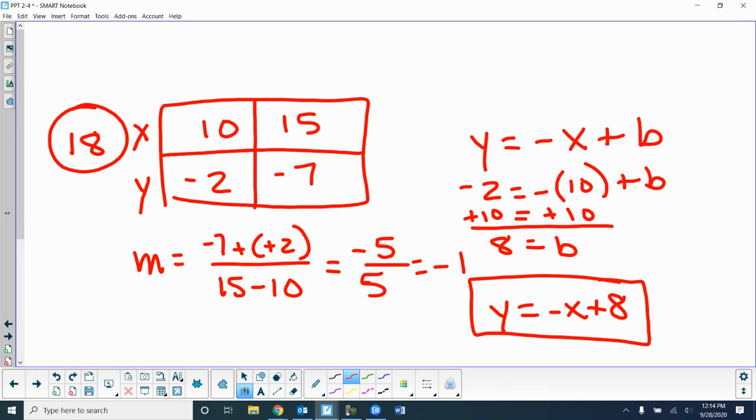Anything else up to 20? Okay, 22, they used S for shoe size and L for foot length, I believe. So S equals 4L minus 32.5 is what they got. So basically you're using those 2 points, the X part would be the length and the Y part would be the shoe size.